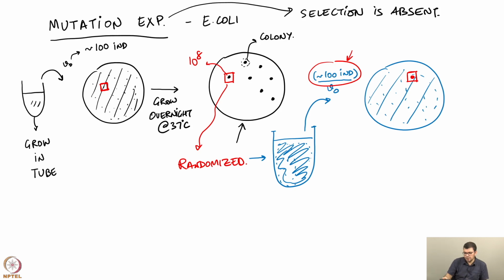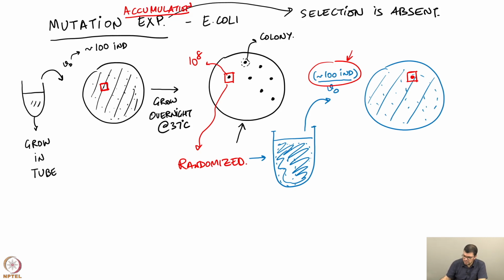So, as I move forward and do more and more plating, more and more mutations will get accumulated in this line of experiment, and hence this is called a mutation accumulation experiment. We are accumulating mutations in a line, but without letting selection act.